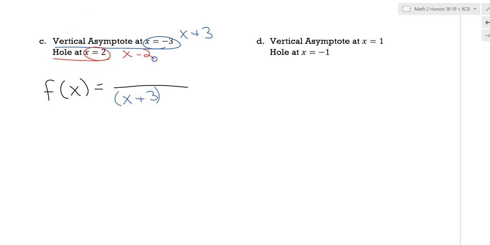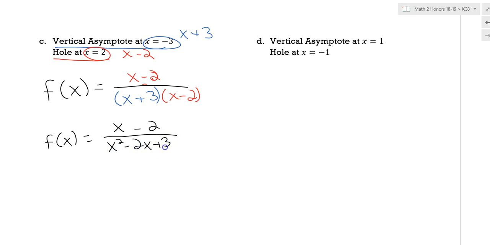That means that's x minus 2. Since it's a hole, it's in both the numerator and the denominator. So simplifying this, we have x minus 2 over, again, x squared minus 2x plus 3x minus 6.